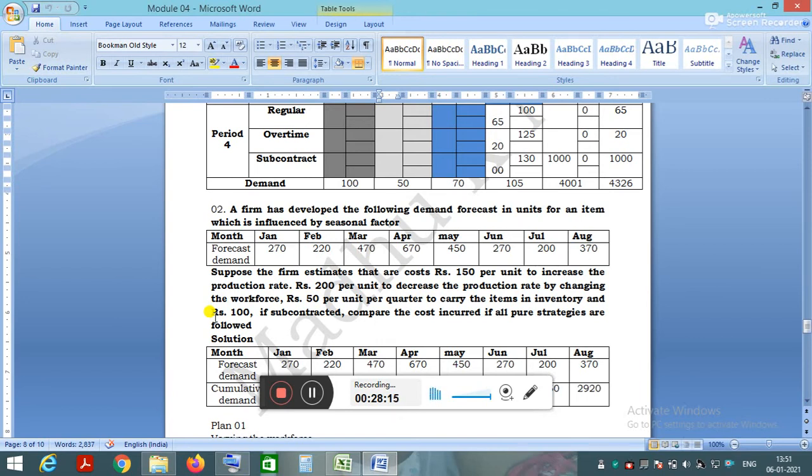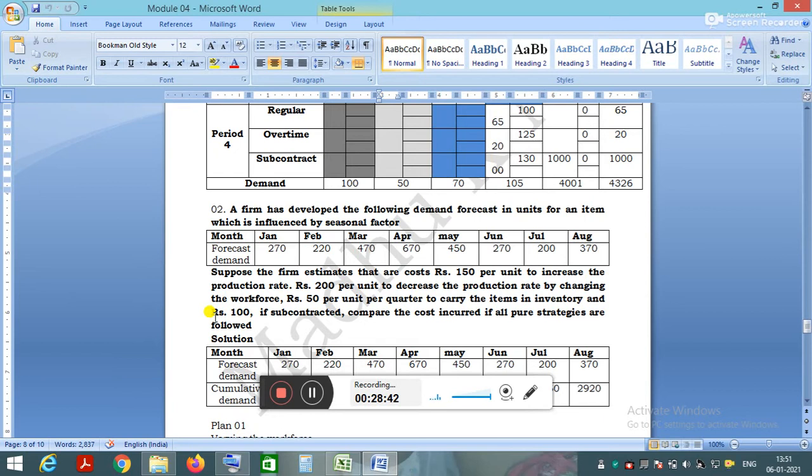I already discussed the three strategies in aggregate planning through which the demand can be met: varying the workforce, varying and utilizing the inventory, and giving subcontracts. These are the different strategies followed depending on the cost in aggregate planning.